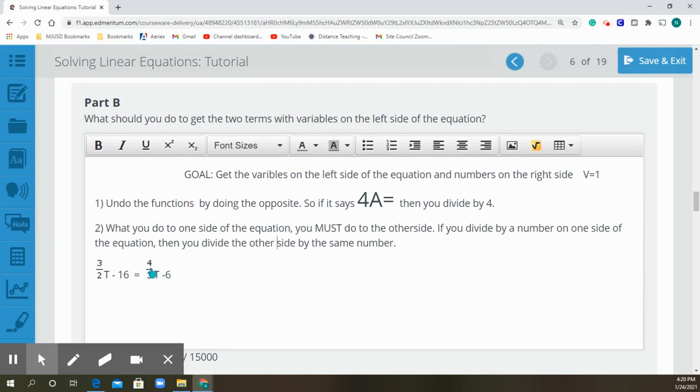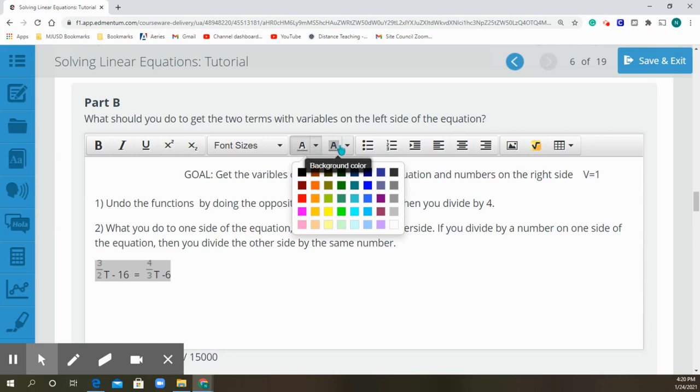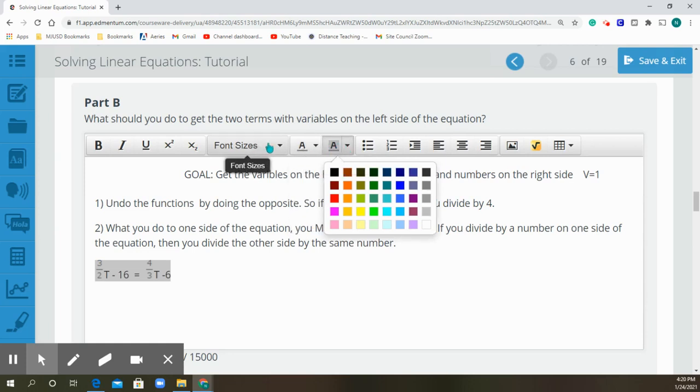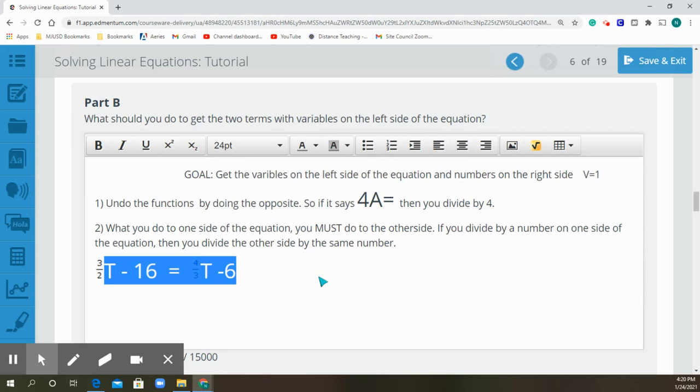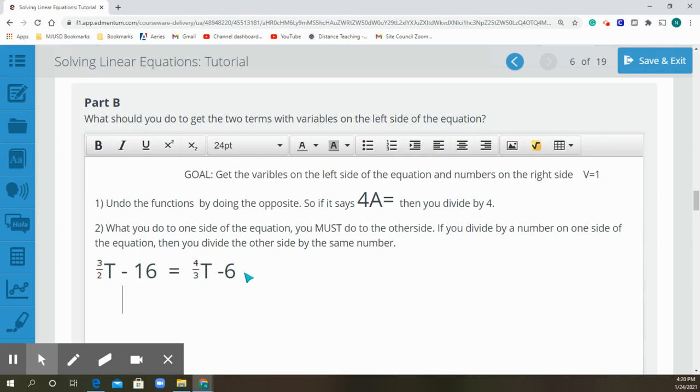So in order to get these variables, let me see if I can make this a little bigger. Font size 24. So we want to get the t, the variable, over here on the left. I need to undo it. I need to get rid of it.